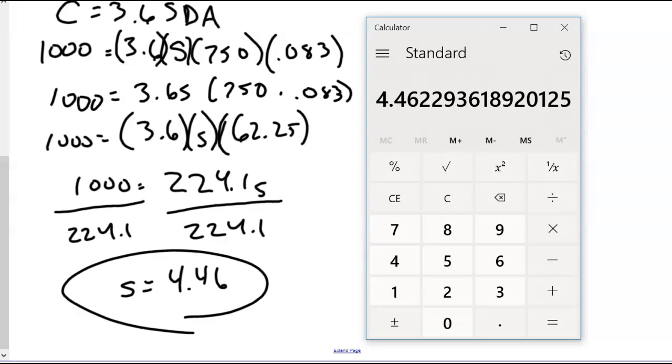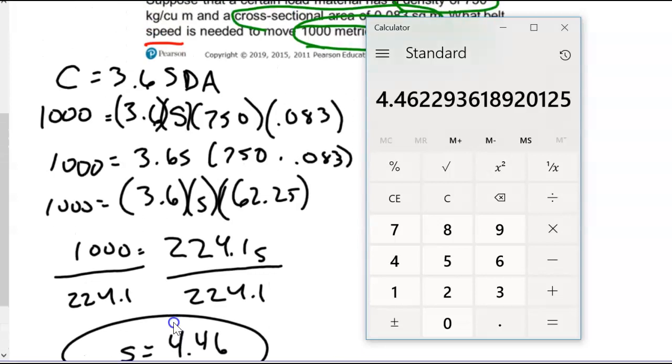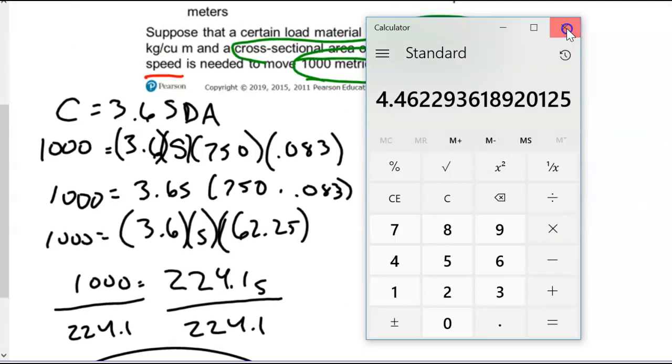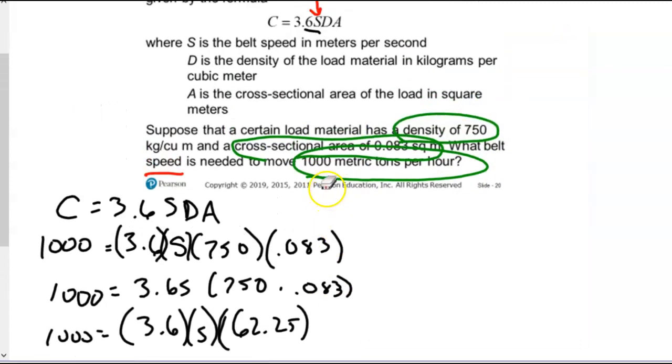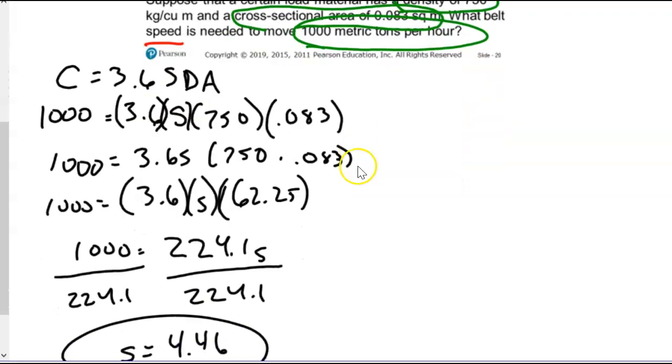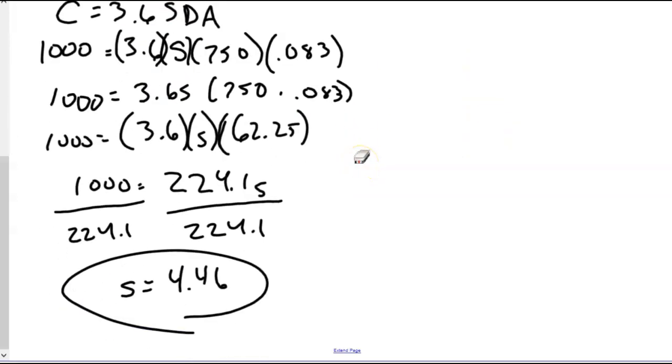And that is your final answer, and that is the speed in meters per second. So this material moves at 4.46 meters per second. There we go. All right.